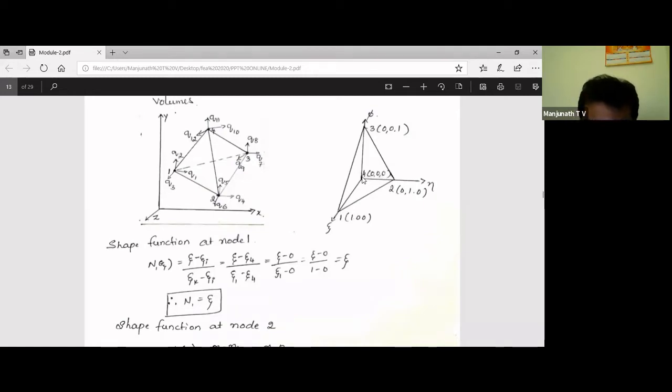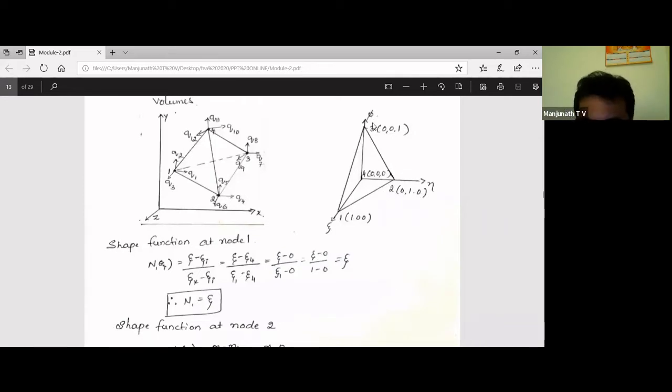If you consider this element towards the zeta direction, this full element is in the zeta direction. The zeta value will be 1 and neta and psi value will be 0. Similarly at node number 2, in the neta direction only we consider the value equal to 1, and the remaining directions will be 0.